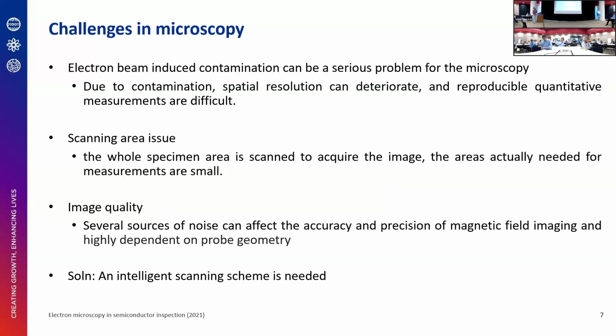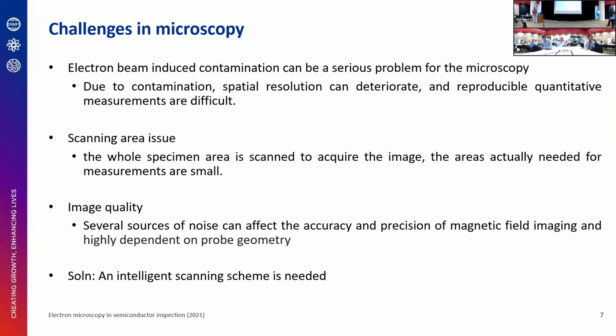Some of the challenges we encounter in this microscopy: as you all know, the electron beam is a serious problem for microscopy. Due to contamination, spatial resolution can deteriorate and reproducibility is reduced, which is challenging for quantitative measurement. Also the scanning area: generally we scan the entire sample, but sometimes we need not spend so much time on it, so the whole specimen area can be avoided.